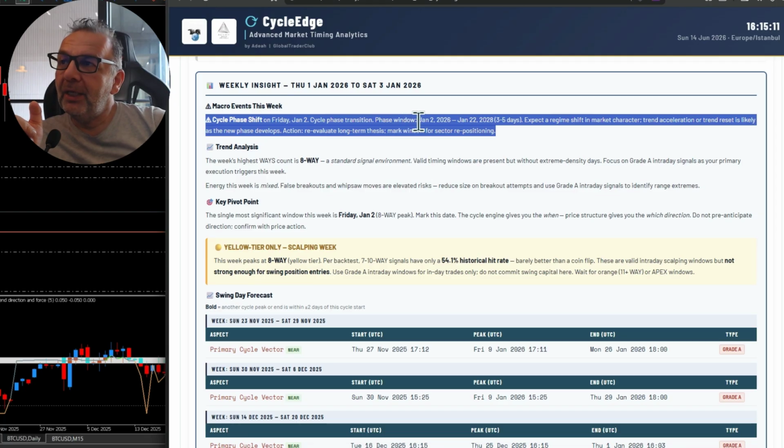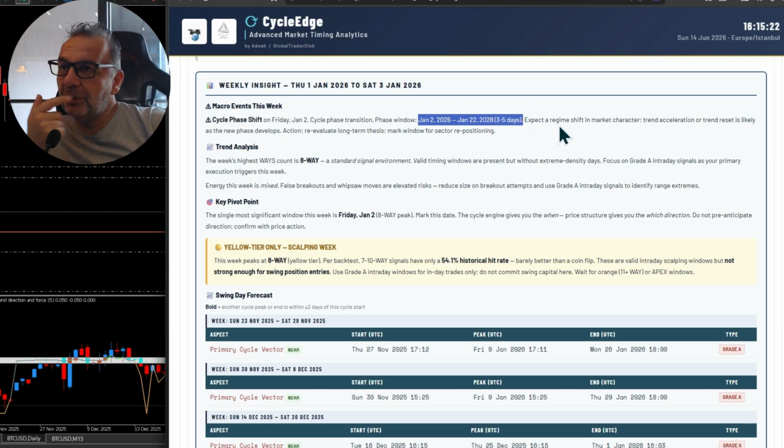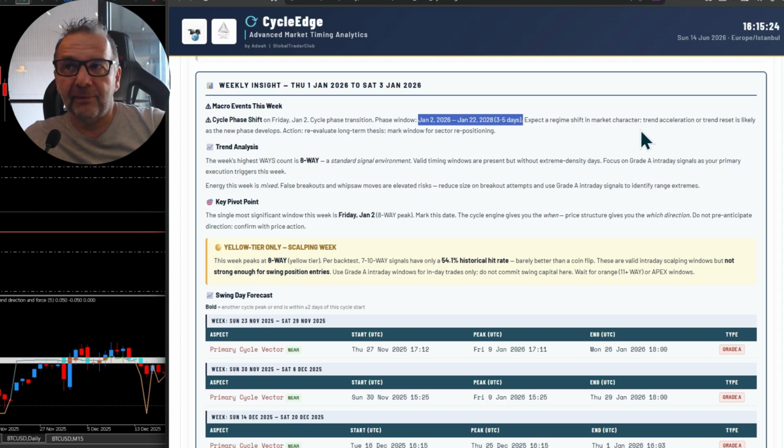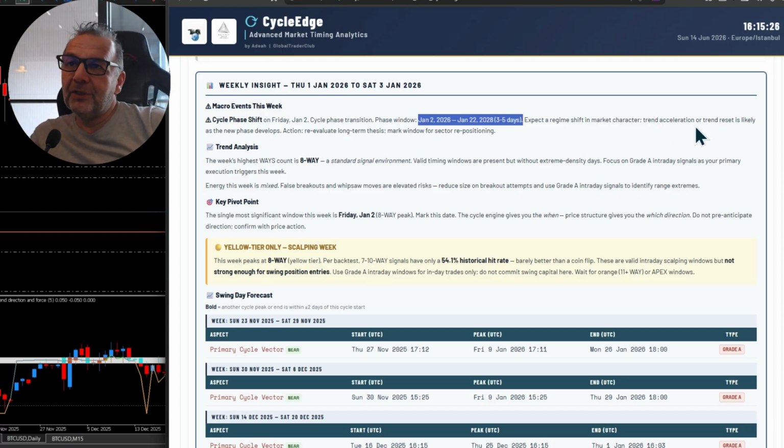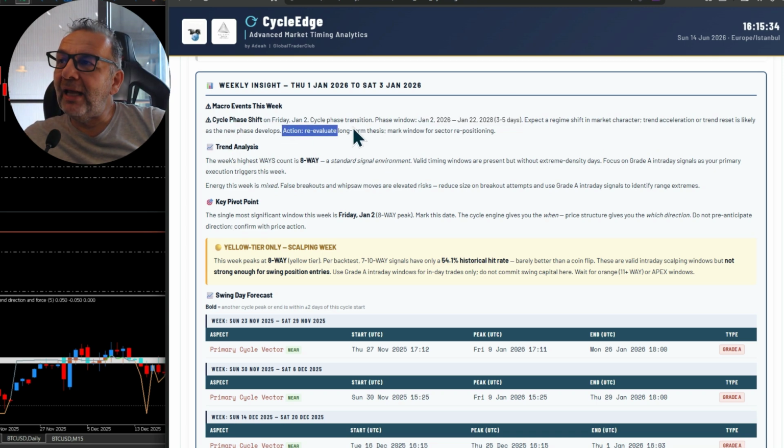Phase window, January 2nd to January 22nd. And we're going to have 3 to 5 days. Expect a regime shift in market character. Trend acceleration or trend reset is likely as the new phase develops. Action: reevaluate long-term thesis. Mark window for sector repositioning.